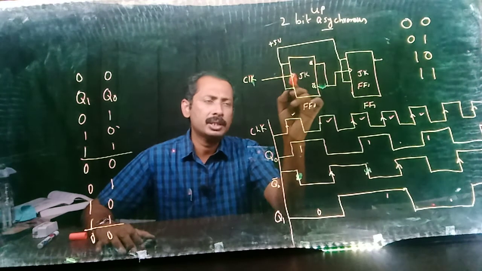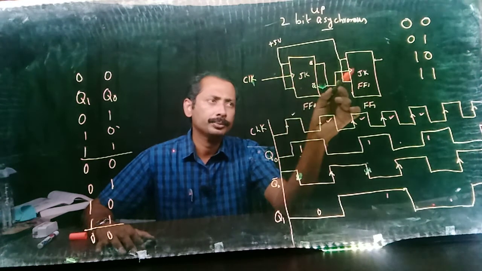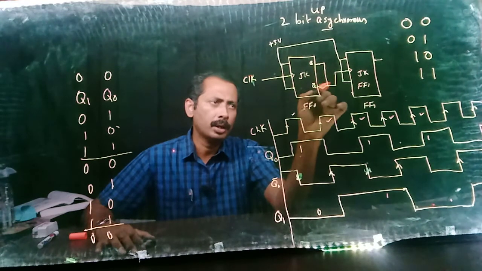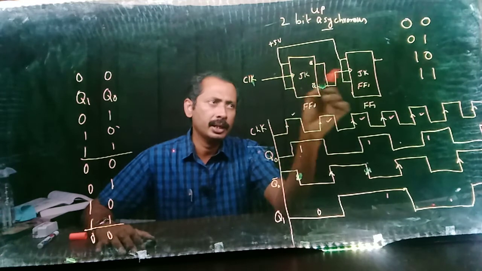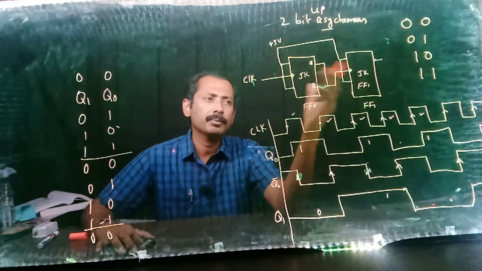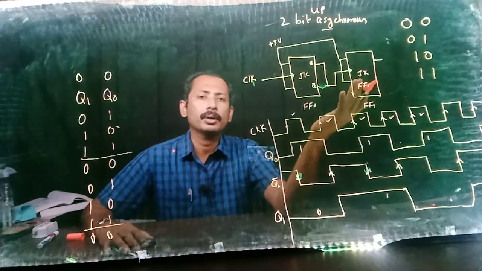We can also change the triggering. This is now a down counter, and if I change this to a negative edge trigger type, then it becomes an up counter.